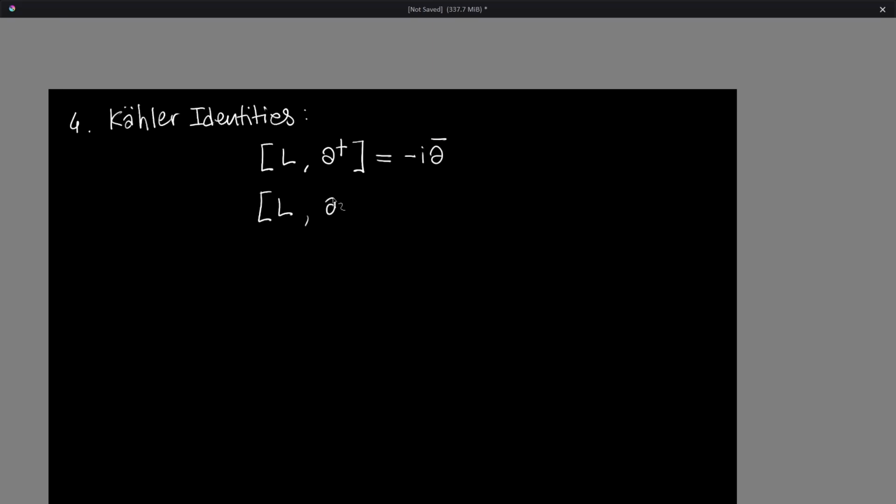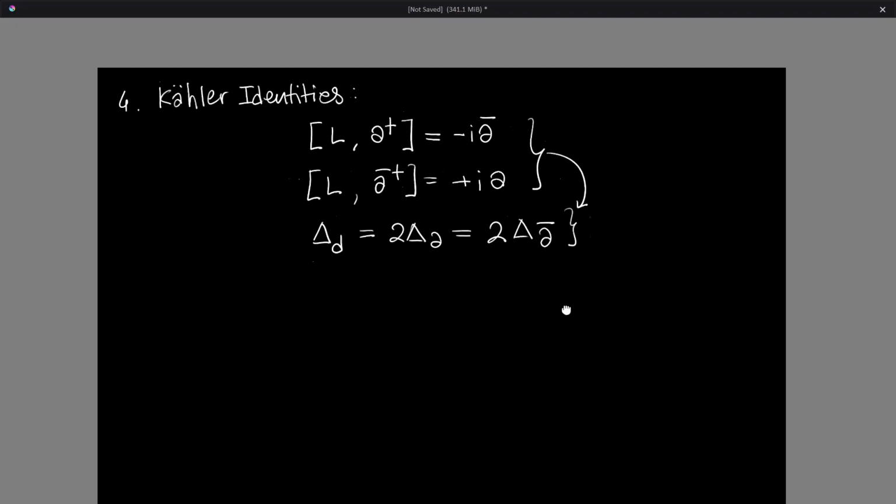L partial bar dagger is equal to plus i partial, just regular partial. And also you can rewrite these as delta D is equal to 2 delta partial is equal to 2 delta partial bar. These are the Kähler identities.